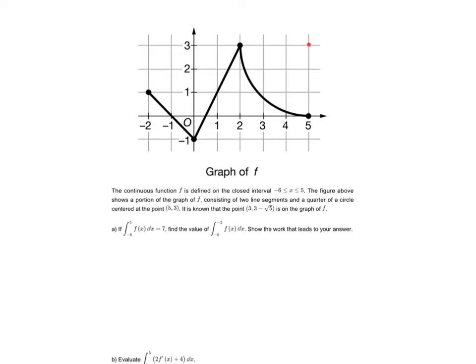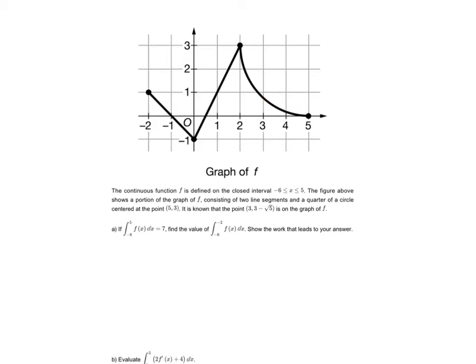Here's the center of this circle, that would go that way. It is known that the point 3, 3 minus root 5 is on the graph of f. So that's this point here.